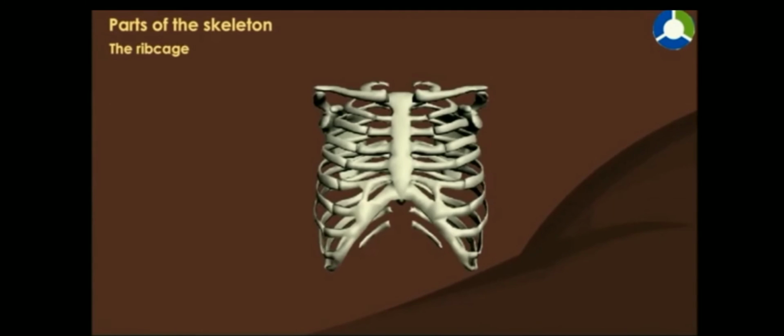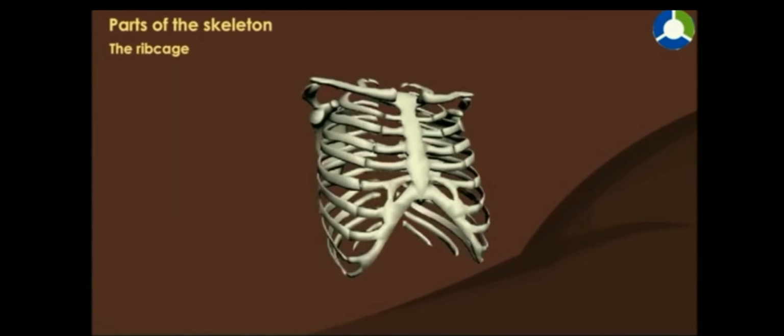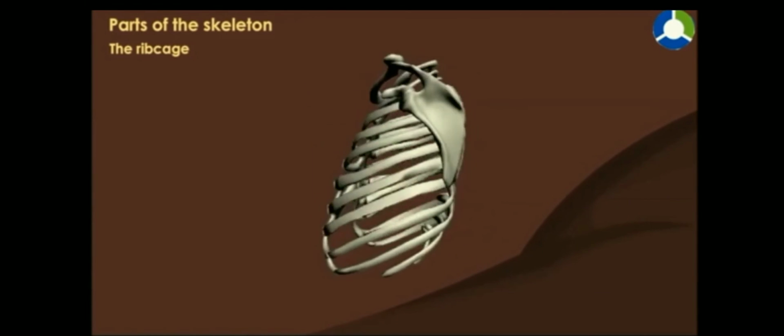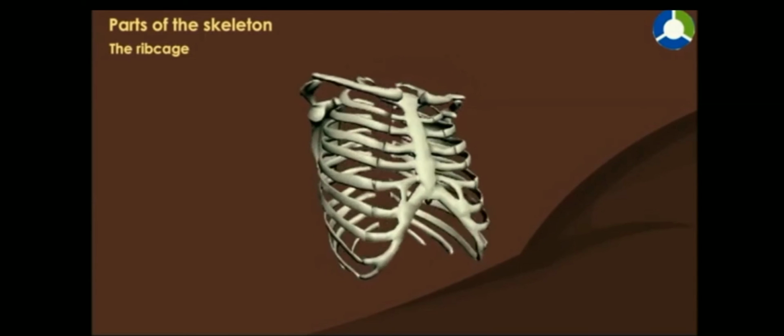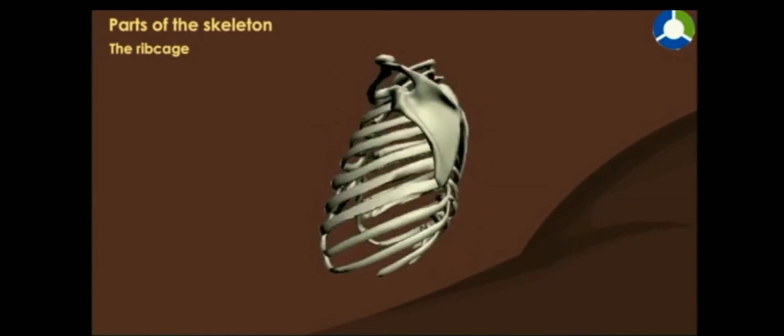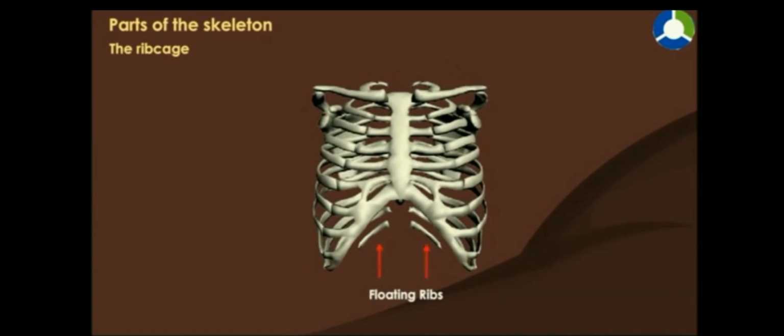The rib cage is formed by 12 pairs of long curved bones called ribs, in which 10 pairs are joined at the front to the breastbone. The last two pairs are free and are called floating ribs.